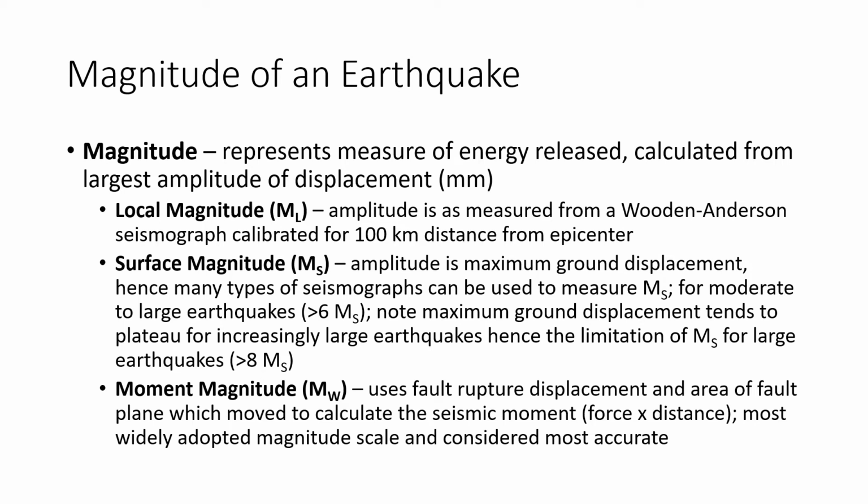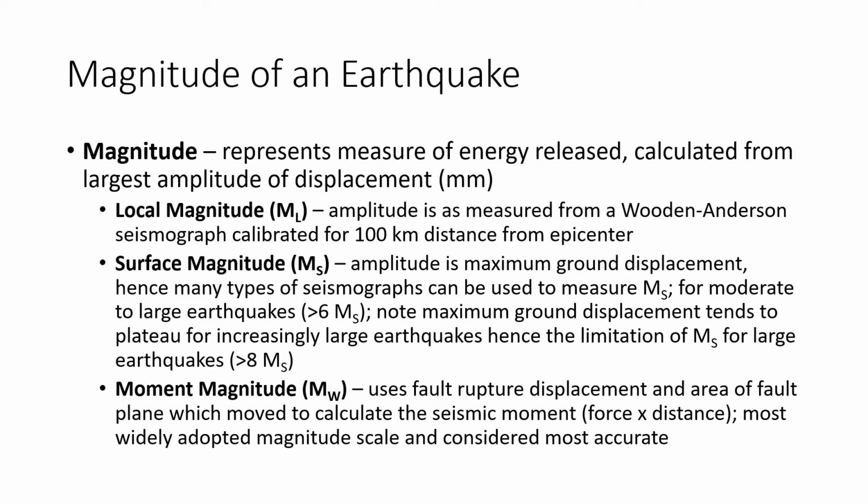Now, if the earthquake occurred 50 kilometers or 1,000 kilometers from the epicenter, there are correction factors to normalize the values to a 100-kilometer distance. Now, there is a formula here, but I won't be discussing it in detail. The important thing here is just to know the differences in the methodologies of these different magnitude scales, and to also know the limitation of each scale.